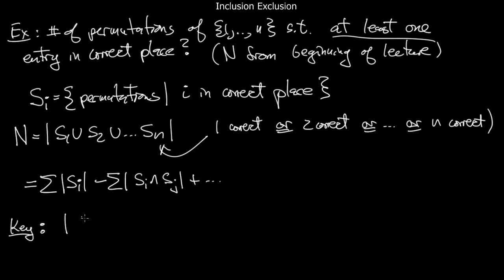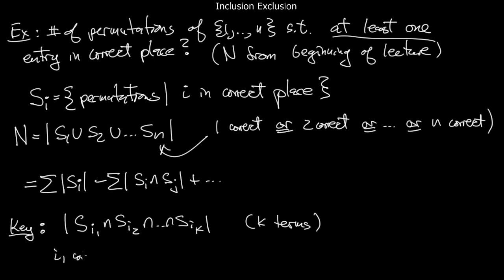Now, what is the order of Si? Excuse me, the intersection of k of these sets Si. So you have k numbers i1 through ik. So there's k of these sets. What's the order of this intersection?